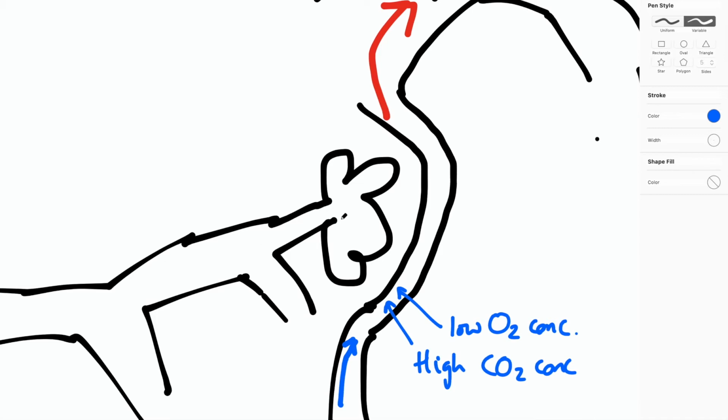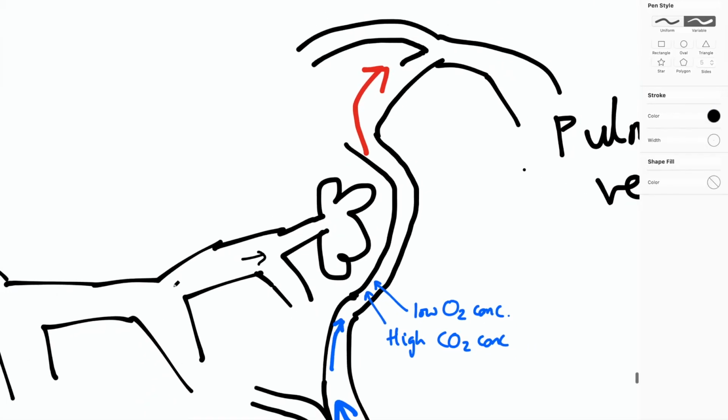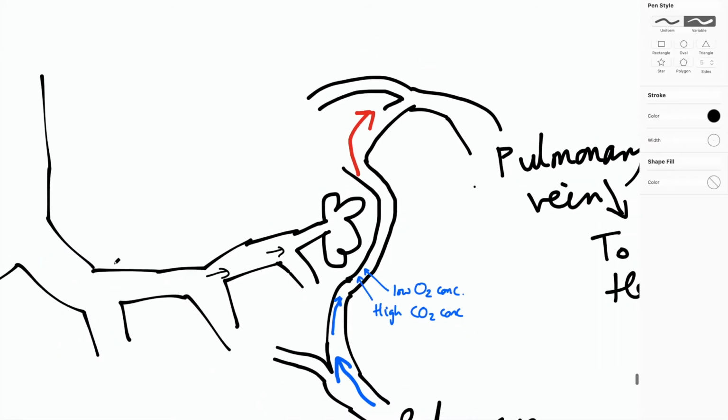Now, the air in the alveolus, I'll draw that in black, has arrived essentially from the atmosphere.